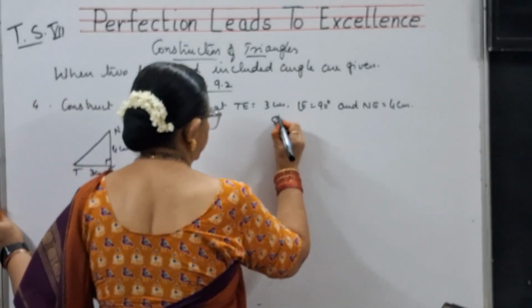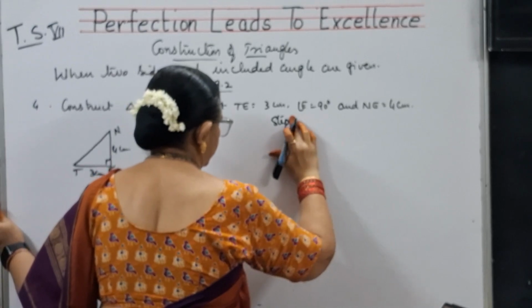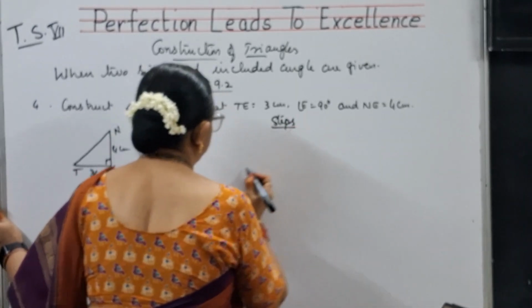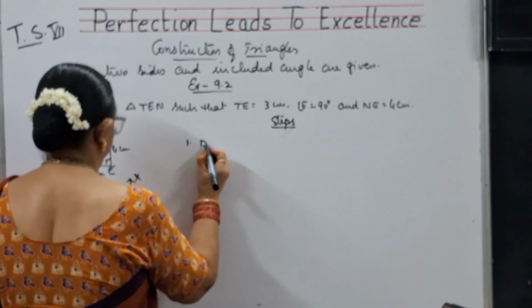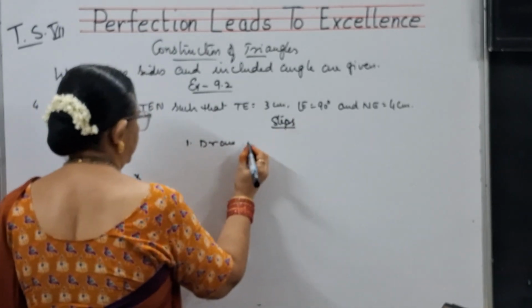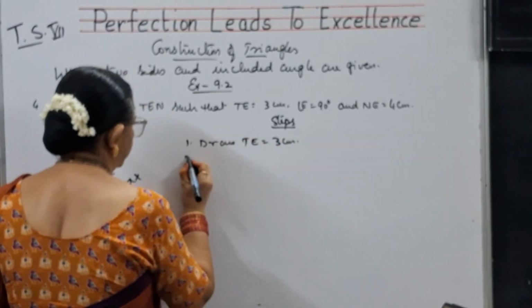So steps. Steps of construction. So what are the steps? First one, draw TE is equal to 3 centimeters.